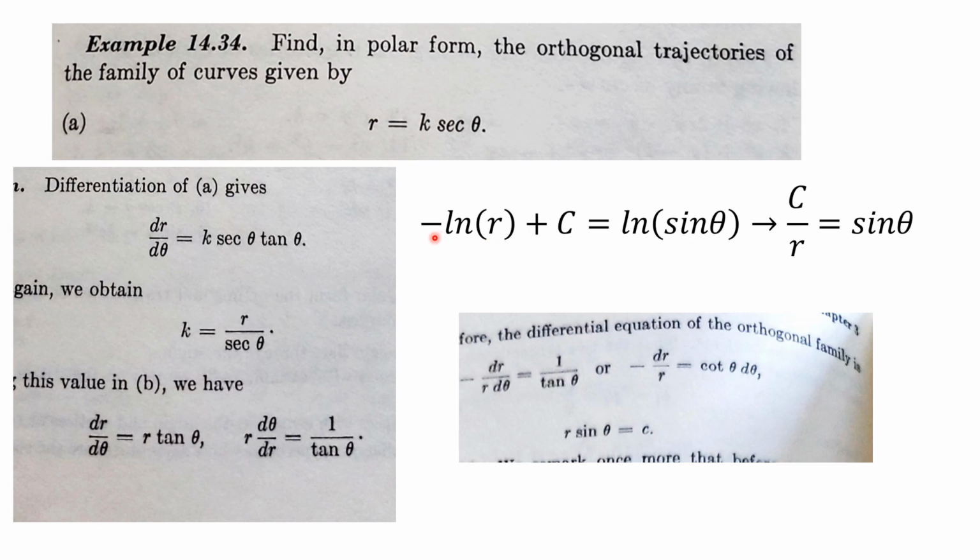Now this minus means this is the same thing as minus ln of r, but that is ln, and then you can put that minus up there, that is 1 over r. So you see this means that this is a new constant c times 1 over r, and this becomes just sine theta. And so we can multiply both sides by r, and we get this. r sine theta is equal to a constant is the equation of the orthogonal trajectories.